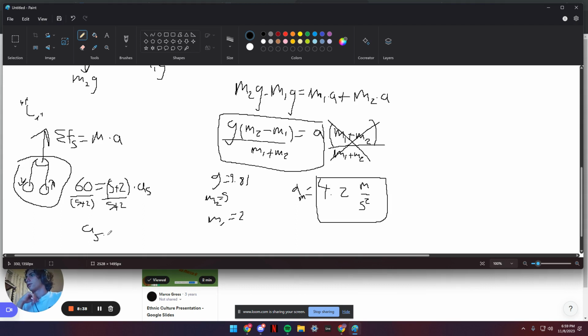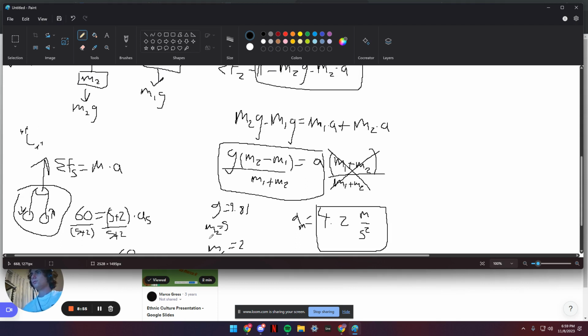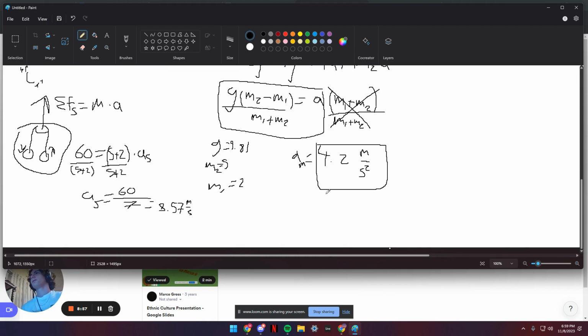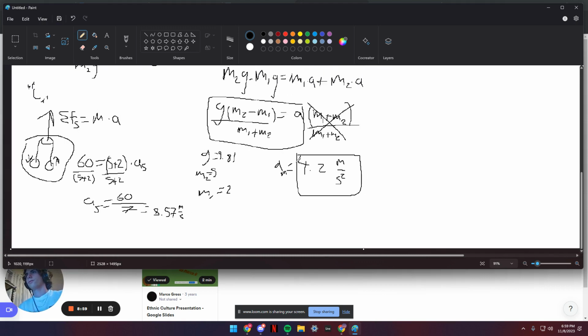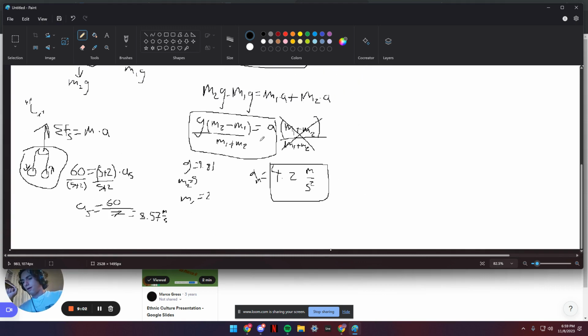And we get acceleration of the system is equal to 60 over 7, which can be written as 8.57 meters per second squared. So now we have the two accelerations in this problem. We have to think about this now related to each mass.